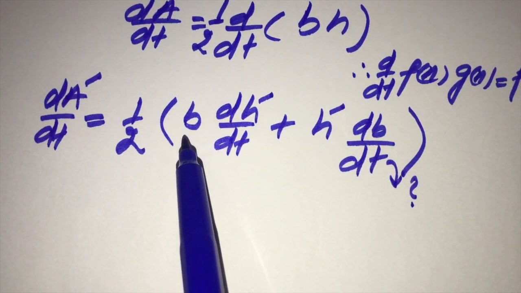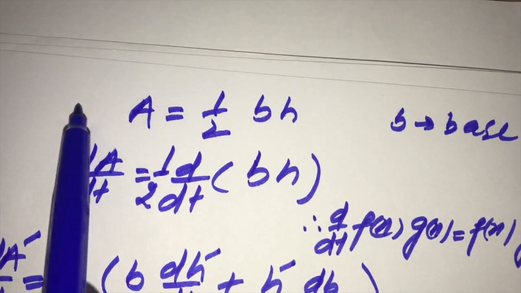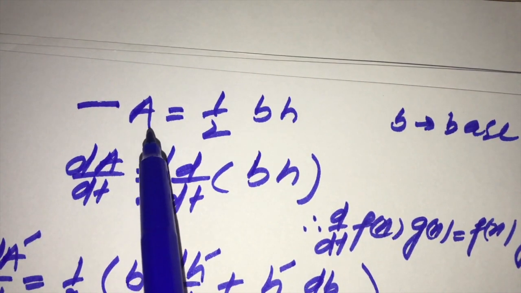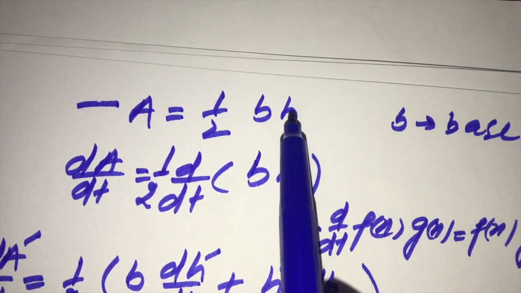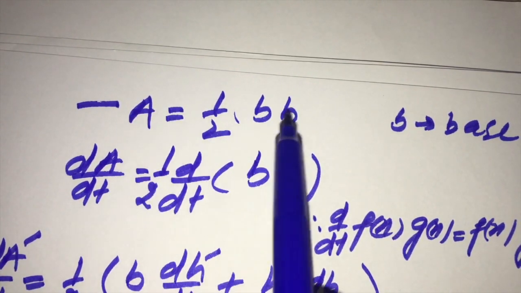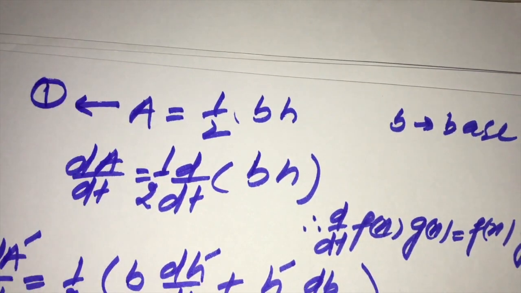So in order to find the value of b, we again use this equation, this relation of area A is equal to 1 by 2 BH. We use this formula and find the B because we are given A and H. Okay, so name it as 1.